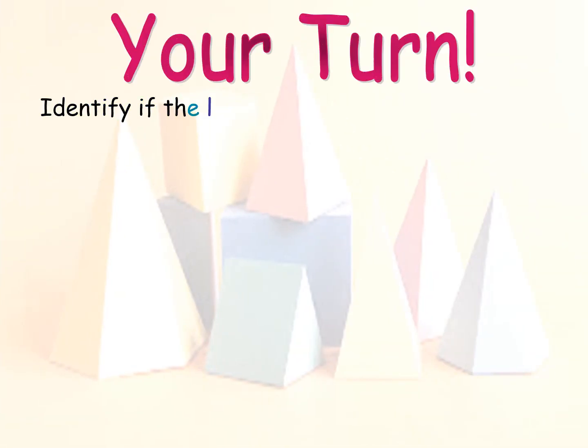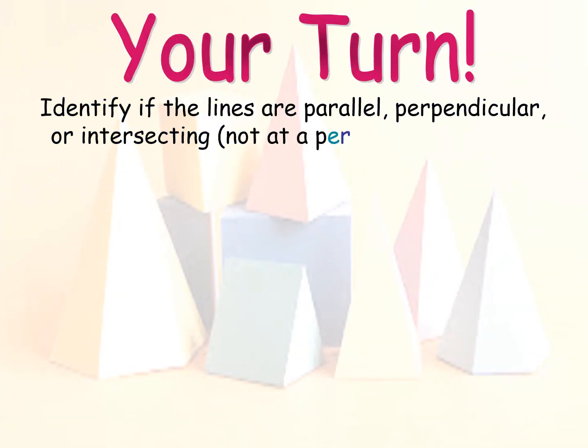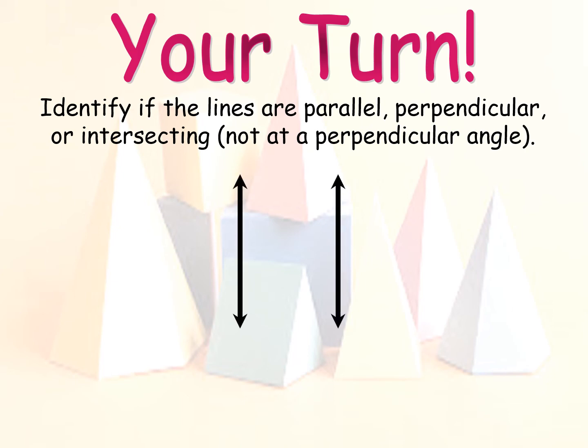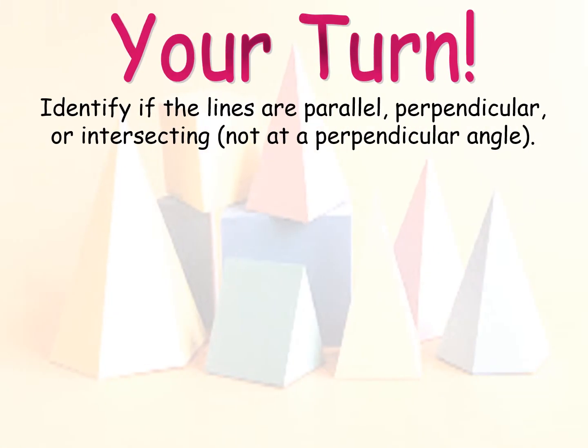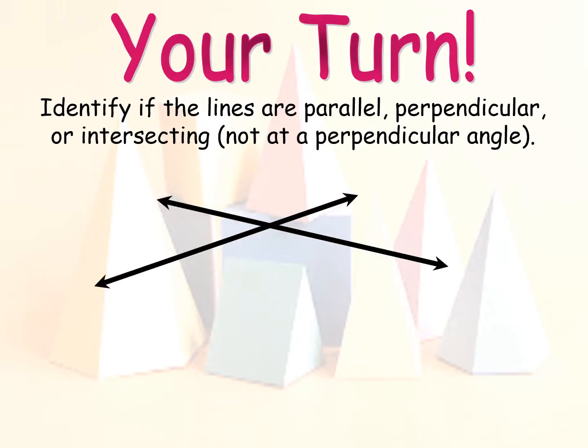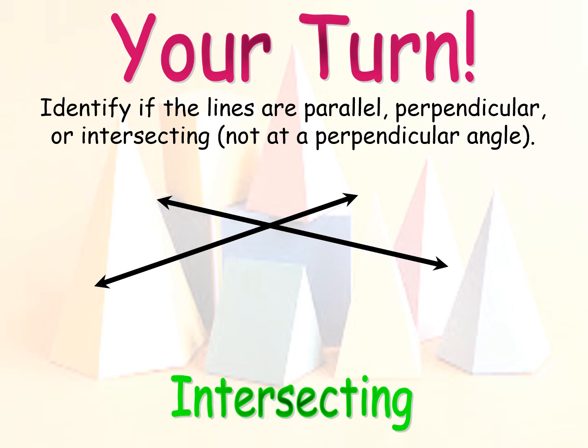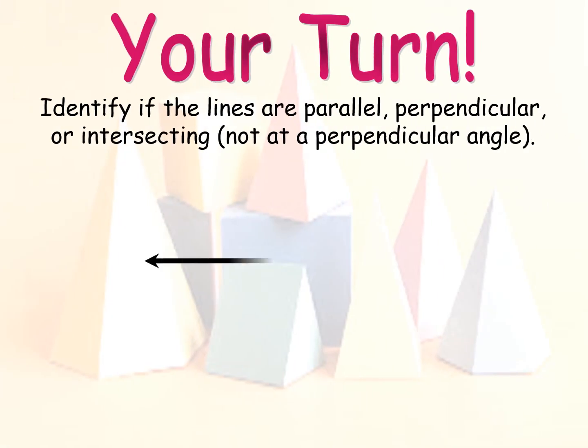Now it's your turn to identify if the lines are parallel, perpendicular, or intersecting. Correct, it is parallel. How about this one? Correct, it's parallel. How about this one? Correct, it is intersecting. How about this one?